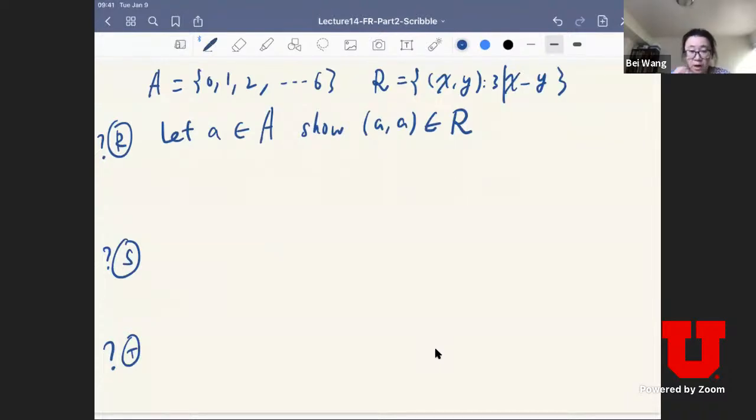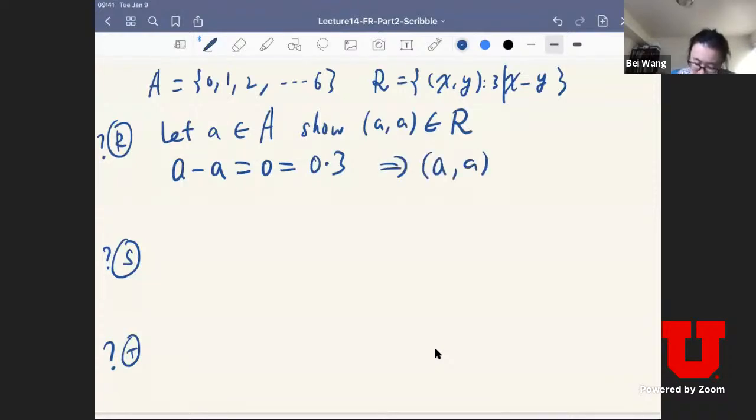Okay, so now what do we have? a minus a is equal to 0, which is 0 times 3. So it's divisible by 3. So we have (a, a) is part of the relation, so this relation is reflexive.